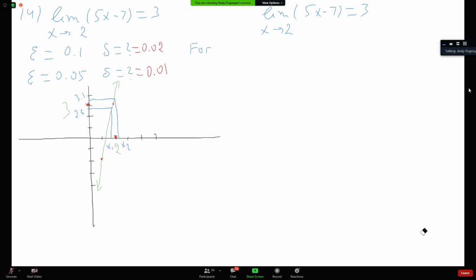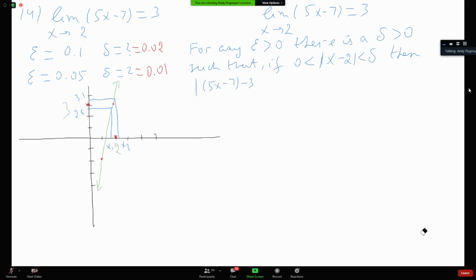For any epsilon greater than 0, there is a delta greater than 0 such that if 0 is less than absolute value of x minus 2 less than delta, then absolute value of 5x minus 7 minus 3 is less than epsilon. This is what the definition says.